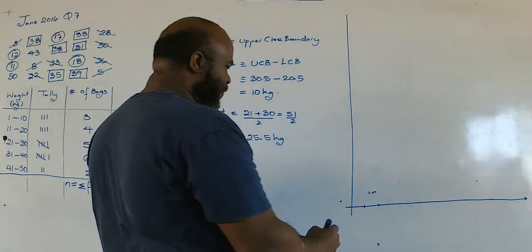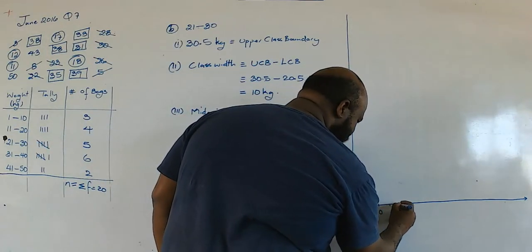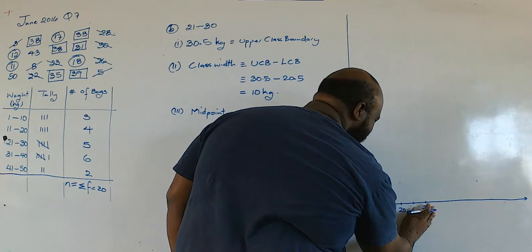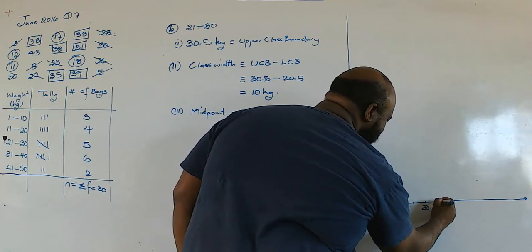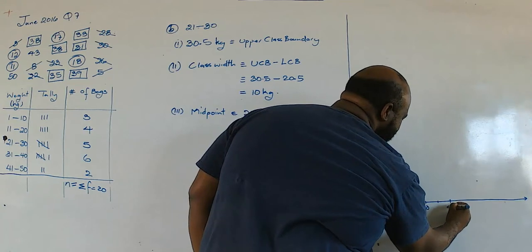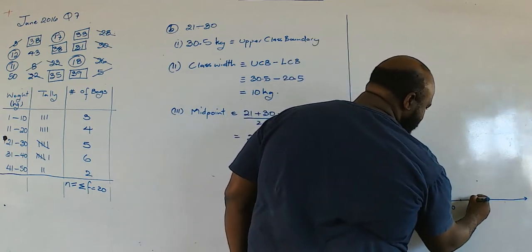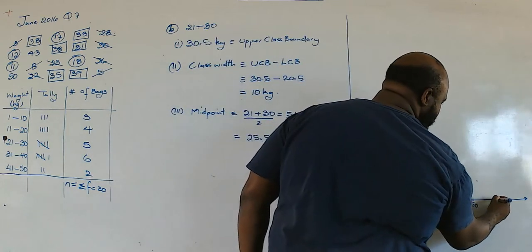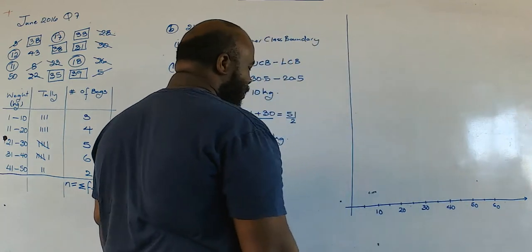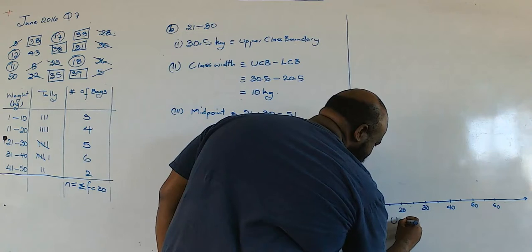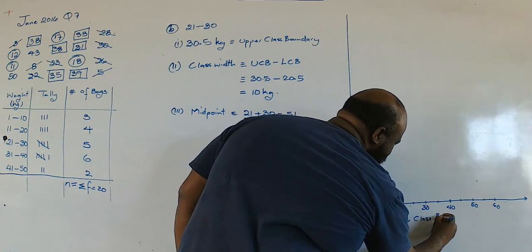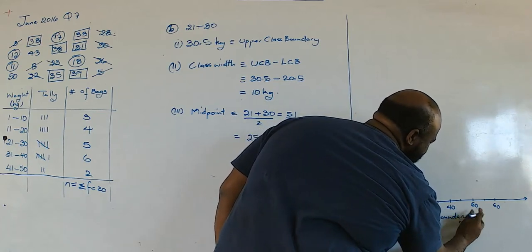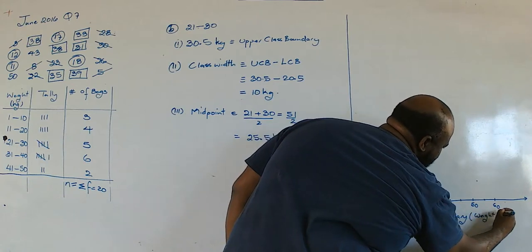This is 10, 20, 30, 40, 50, 60. So down here is the upper class boundary, and this is weight in kilograms.